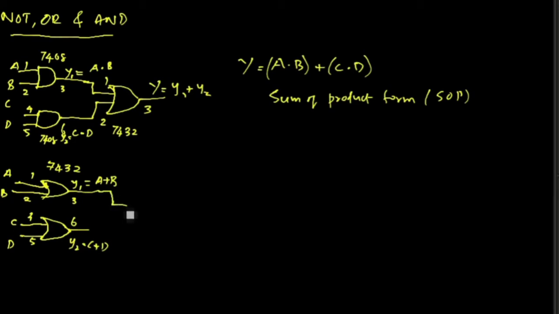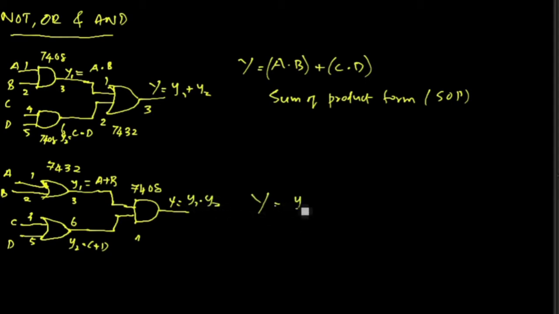They are then given to pins 1 and 2 of the IC 7408, that is the AND gate. Then the output Y will be Y1 and Y2.